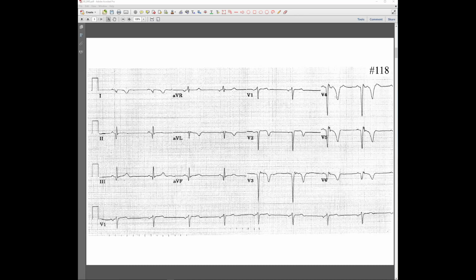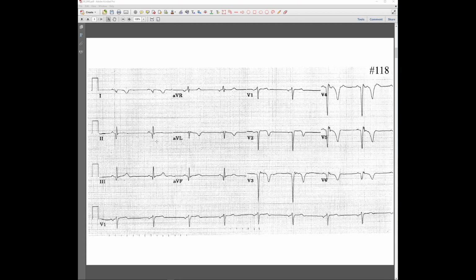But what about 2, 3, and AVF? Can you see any kind of T inversion? No. So what does it mean? It means it's not anterolateral, that's a subacute.